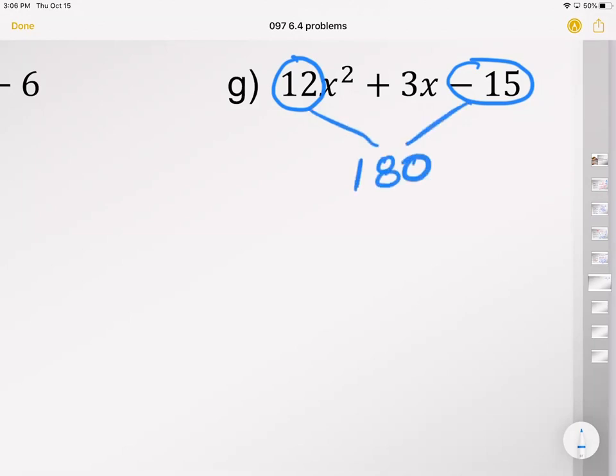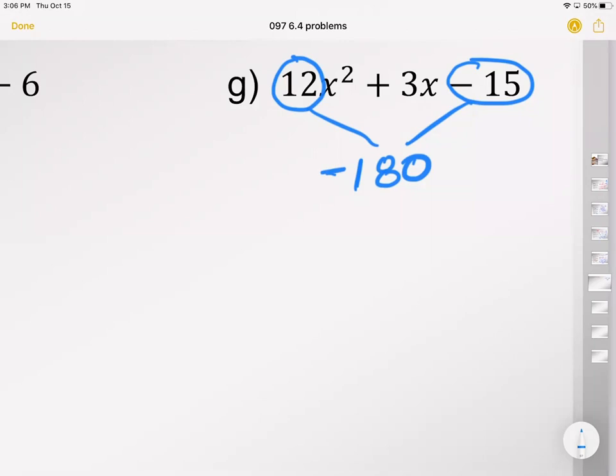If you take these two numbers, you have 180, and you ask, is there a pair of numbers that multiply to give me 180 but subtract to give me 3? How would we go about doing this?